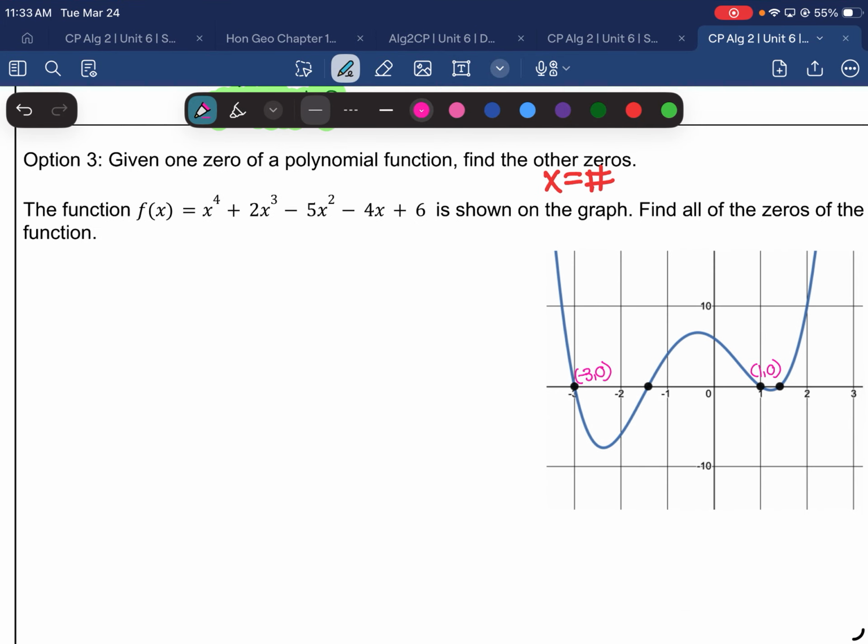You're going to use negative 3 and 1 to do synthetic division. I don't care which one you do first. I'm just going to choose to use negative 3 first. All right, so do your synthetic division. I'm going to choose to use the negative 3, which was one of my x-intercepts. And I'm going to write all the coefficients.